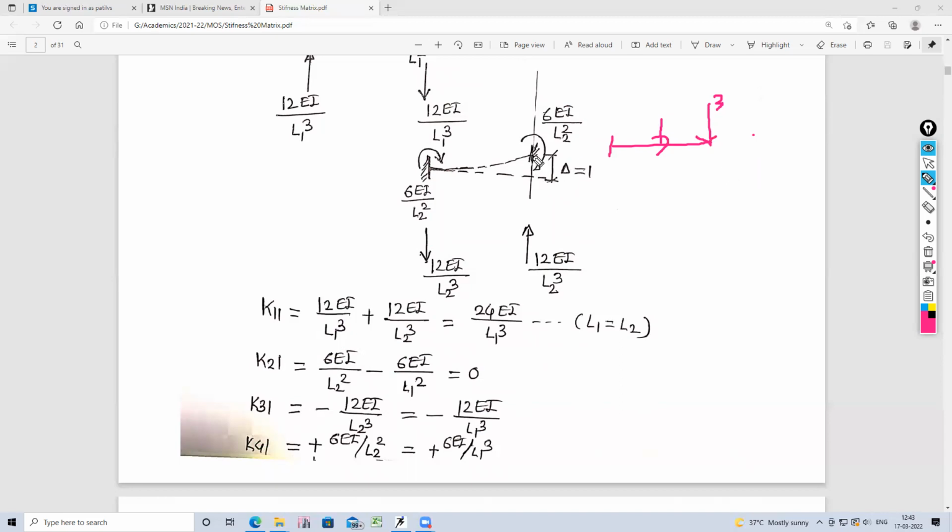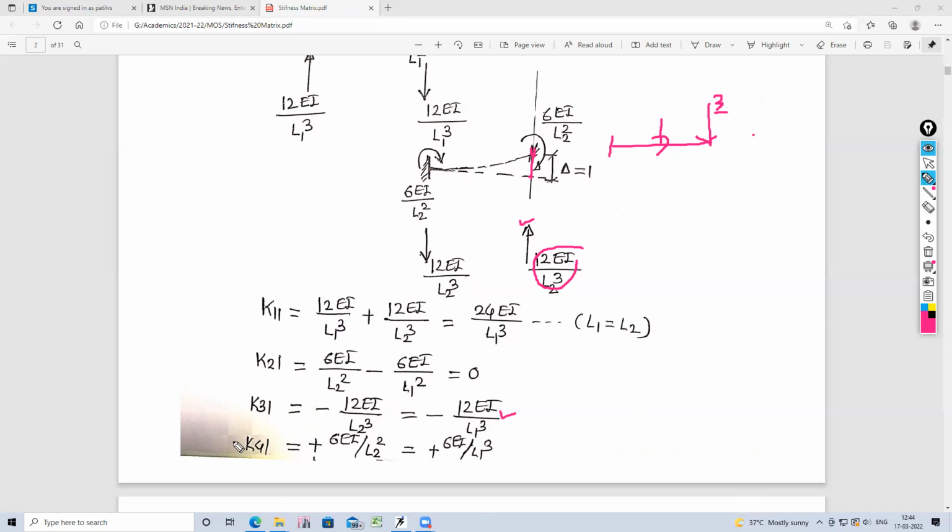Now what is the location? This is the location, in the second part only. In the second part, what is the force generated? 12EI upon L2 cube, but it is upward, while the assigned coordinate is downward. Therefore the element will be negative. So this is minus 12EI upon L2 cube, and substitute L2 equal to L1.